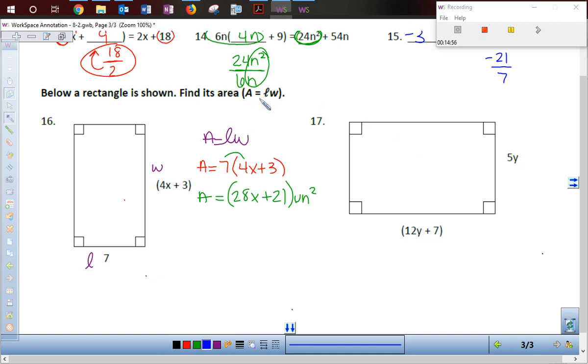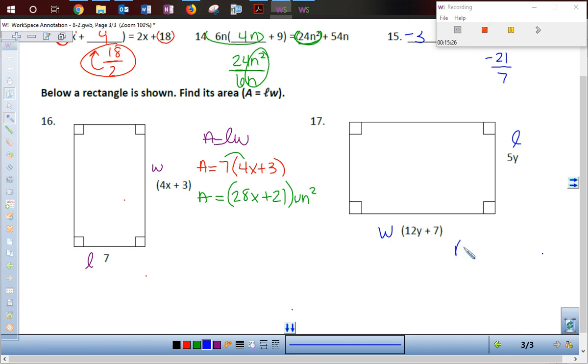Again, I'm starting with area equals length times width. So I'm just going to call this guy my length and this guy my width. Notice when it's a monomial and a binomial, I find that it's easier to make the monomial my length and the binomial my width, because then that helps with my distribution property. If you make this your length and this your width, it'll still work, but it's not going to be as easy or as smooth.